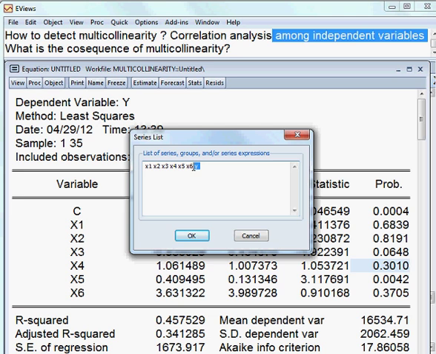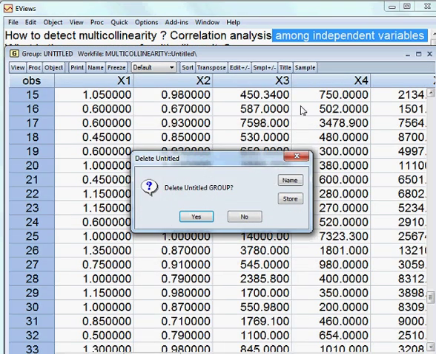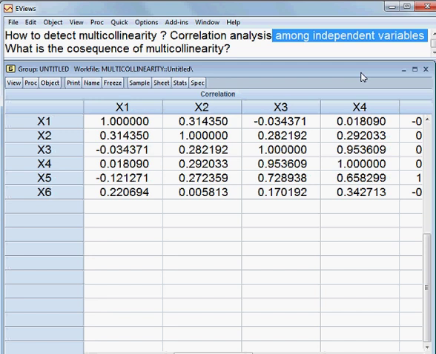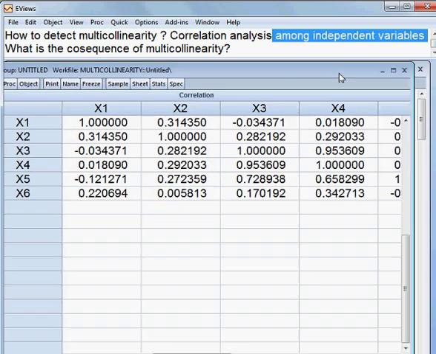I can drop y because y is the dependent variable, and I should also drop the constant, c. So these are all independent variables, right? So I run the model. Okay, this is my result of the correlation coefficients. This is the result, right? I make it big.